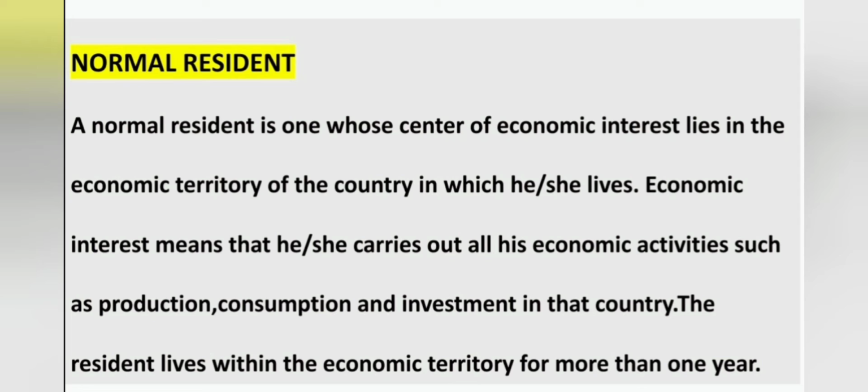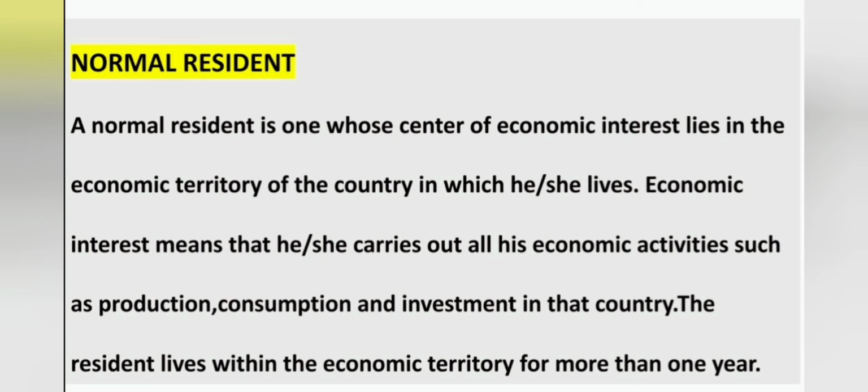The resident lives within the economic territory for more than 1 year. A normal resident, whether a person or an institution, is one whose center of economic interest lies in the economic territory of the country in which he or she lives.